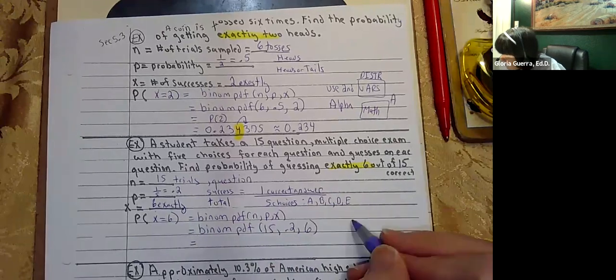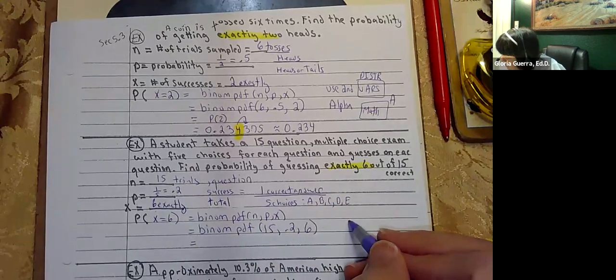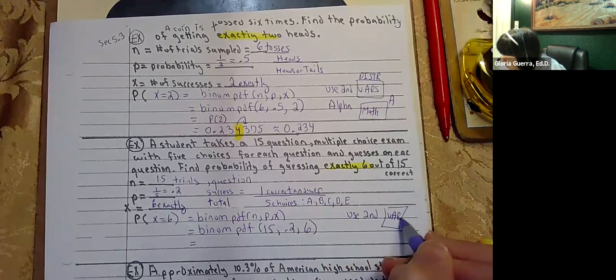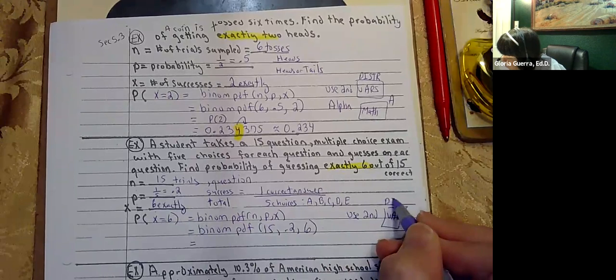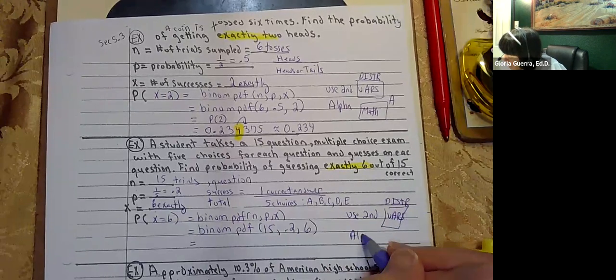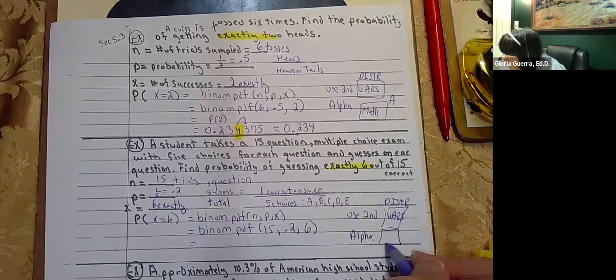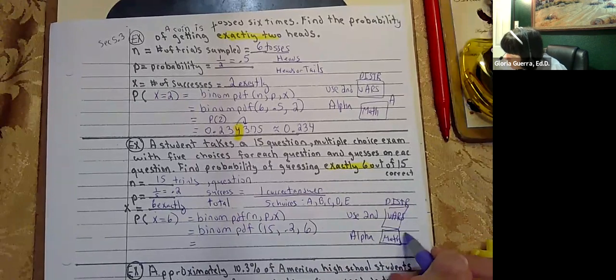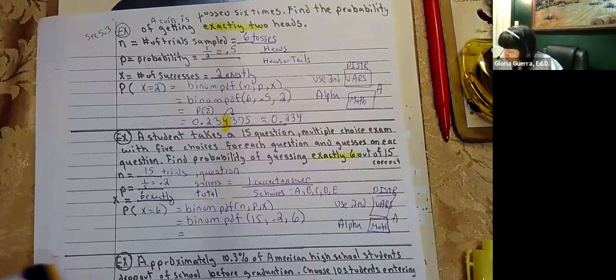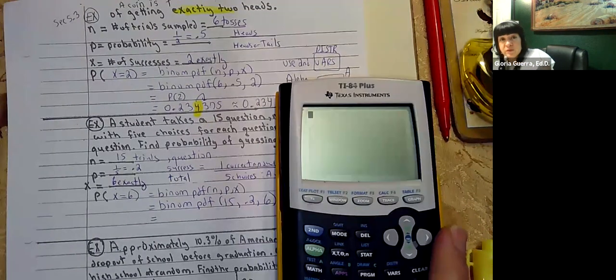So again, that uses second vars, alpha math. There's no 1 minus, it's not a complement.